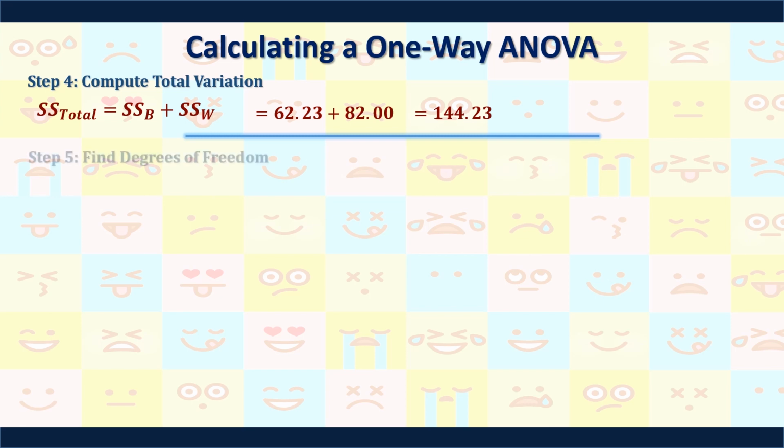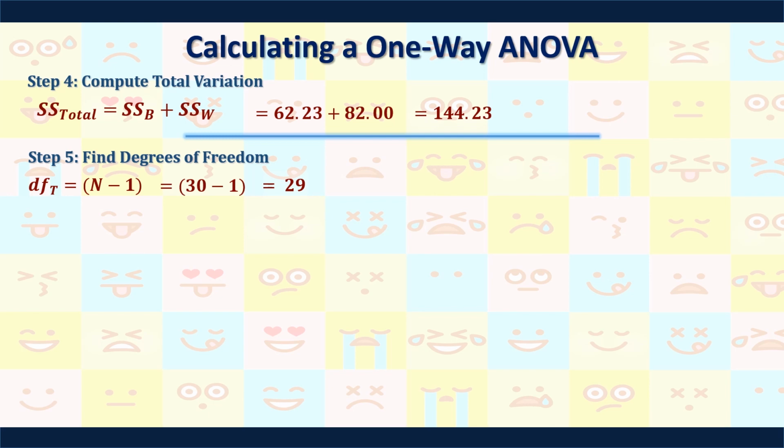In step 5, we calculate the degrees of freedom for the sum of squares between, sum of squares within, and sum of squares total. The degrees of freedom for the total variation is calculated by the equation total sample size minus 1. Because we had 30 participants across 3 groups, our n is 30, and the resulting degrees of freedom is 29.